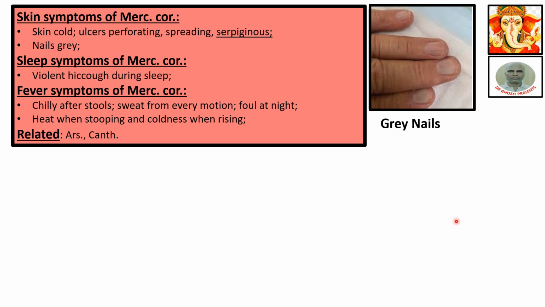Nails grey. Sleep symptom of Merc.cor: violent hiccup through sleep. Fever symptoms of Merc.cor: chilly after stools, sweat from every motion, foul at night, heat when stooping, and coldness when rising. Related medicines: Arsenicum and Cantharis.